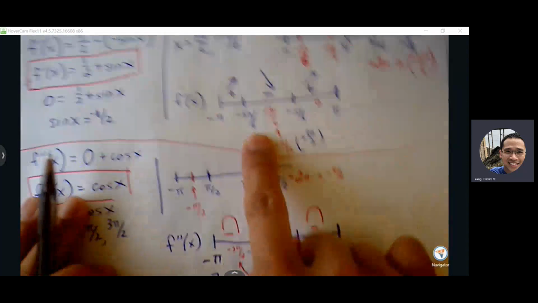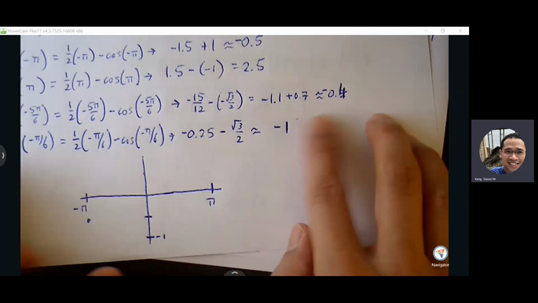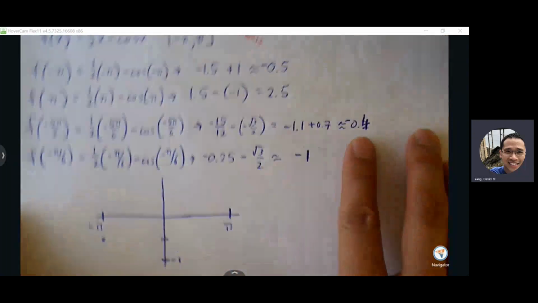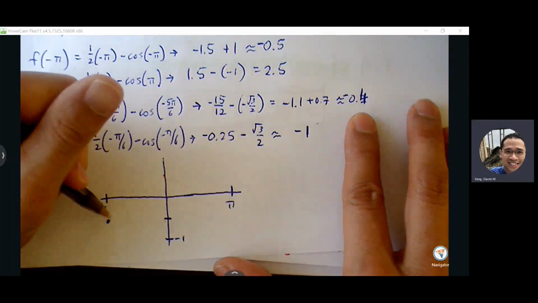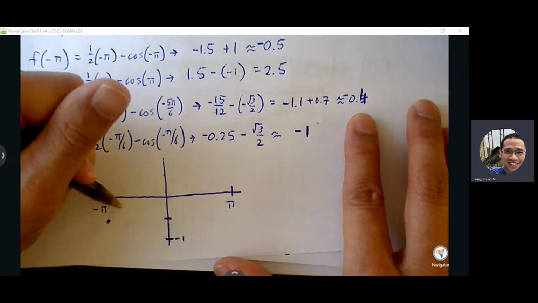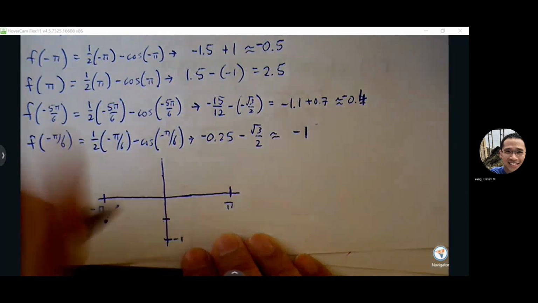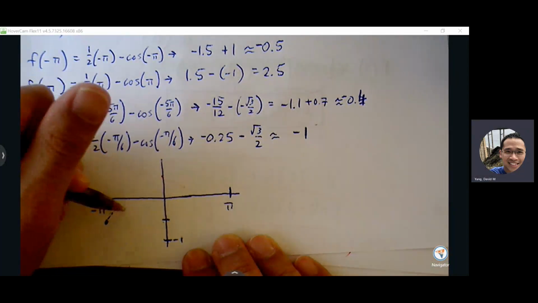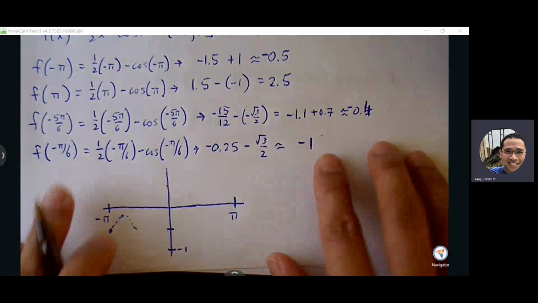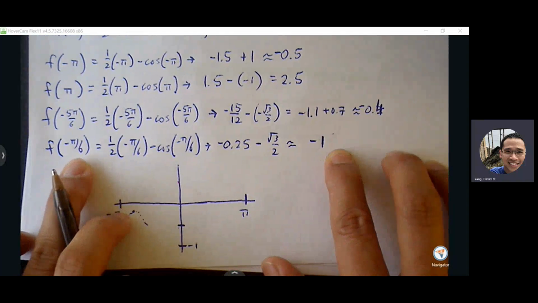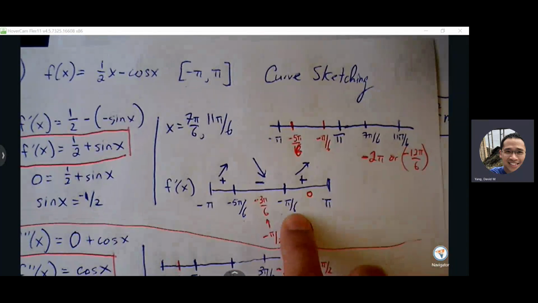It's going to rise up to some relative max at -5/6. I think at 5/6, I'm expecting it to be not much higher, right? But I do know that it's still going to be in that negative region here. So I'm going to target that point, call that -5/6. And then from there, it's going to decrease down to -5/6. That's a relative minimum. We knew that from looking at our sine line.